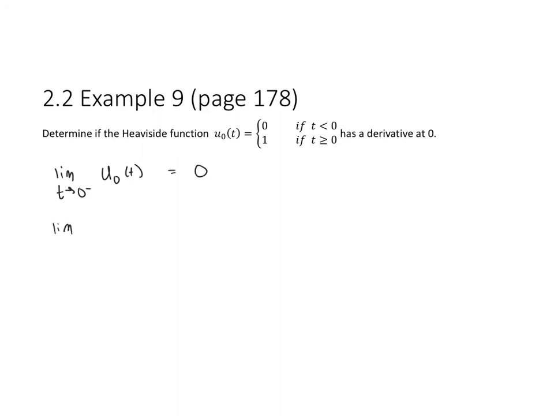Now we look at the limit as t goes to 0 from the right of u0 of t, and from the right we see we approach 1. And since the function is not continuous, then the function is also not differentiable, or the derivative u0 prime of 0 does not exist.